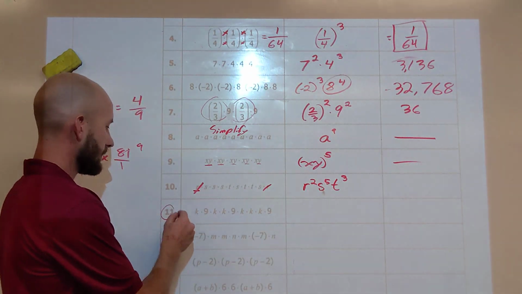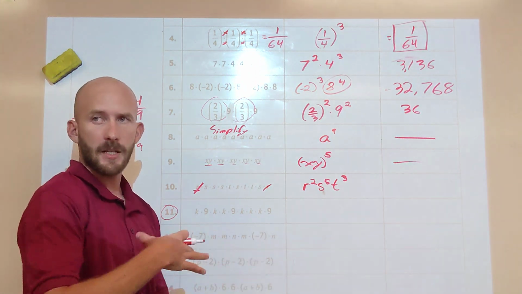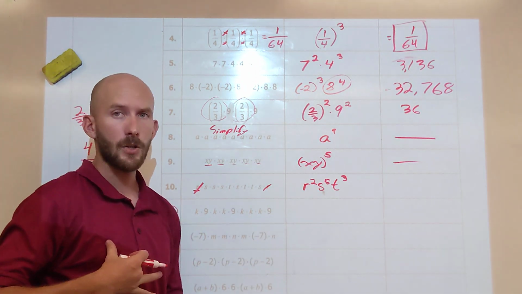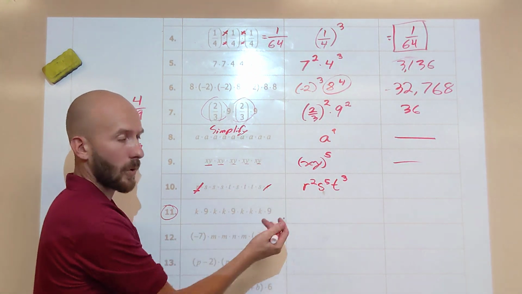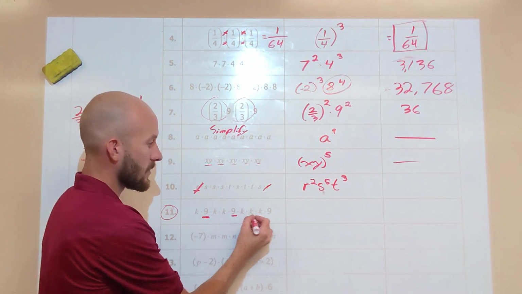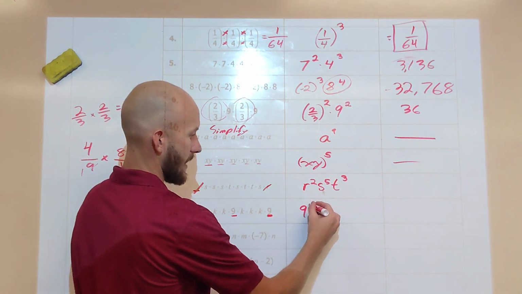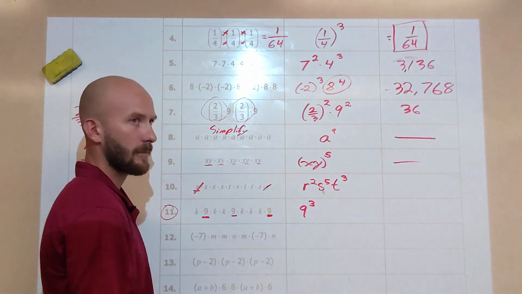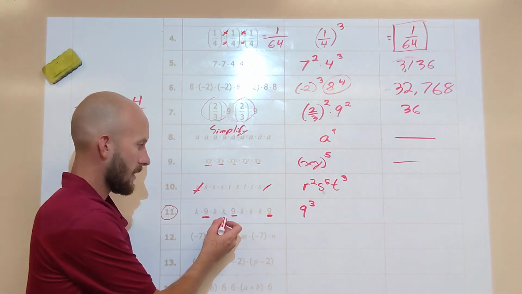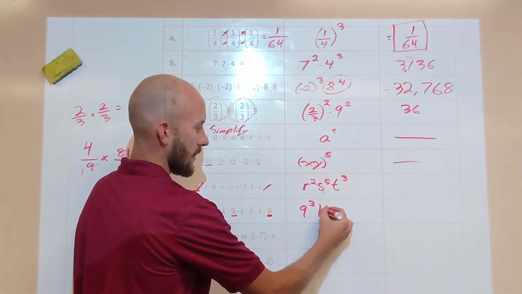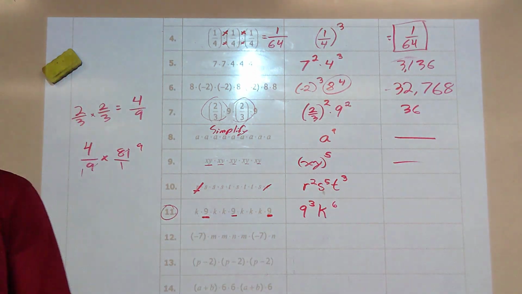Number 11, same sort of thing. Again, this is kind of common notation for algebra. Just like here we went in alphabetical order, here I always do the numbers first. Okay? So it's going to be 9 to the third power. Okay? And then K to the 6th power. Okay?